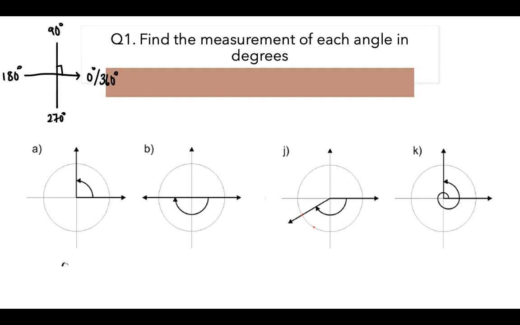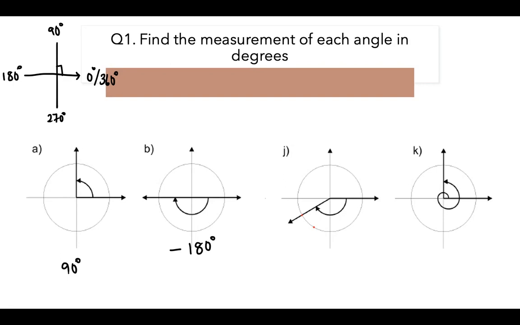For letter A, it's right on the north over here, so A is going to be 90 degrees. For letter B, it's a straight angle, but we're going in a clockwise setting, so it's going to be negative 180. Now letter J looks like it's definitely greater than 90, but less than 180 degrees. Approximately it's 2/3 of it.